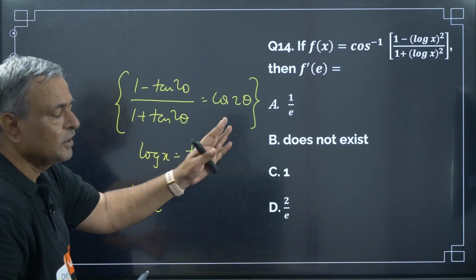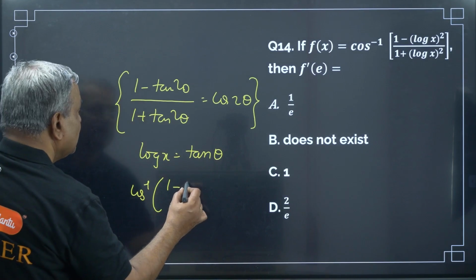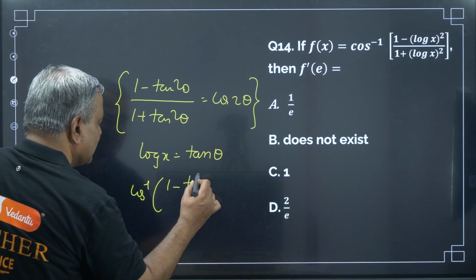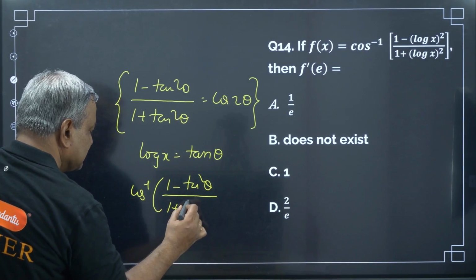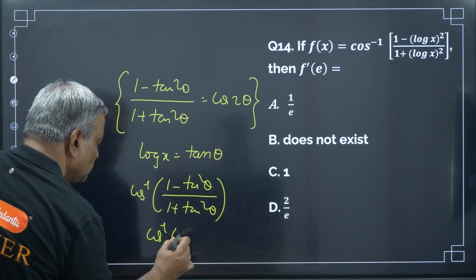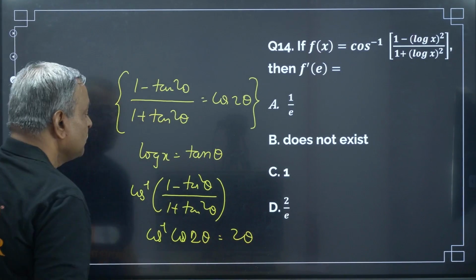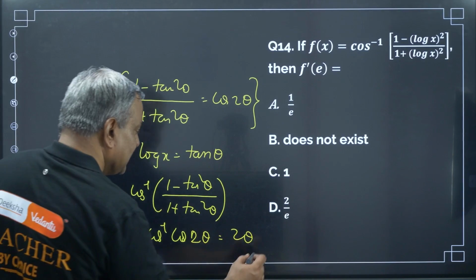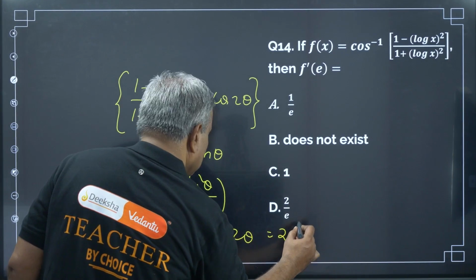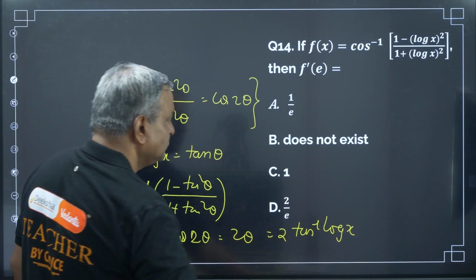So log x is equal to tan theta. So this will give you 1 minus tan square theta by 1 plus tan square theta. It's a good problem. This will give you cos inverse cos 2 theta. This is nothing but 2 theta. But what is theta now?